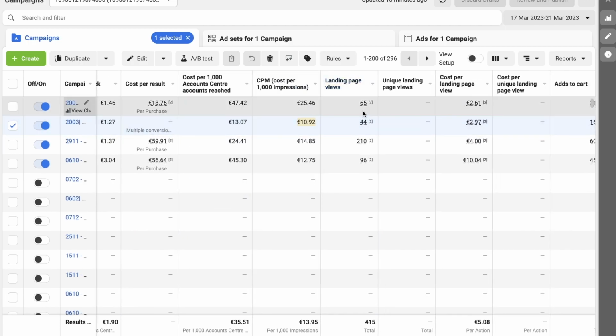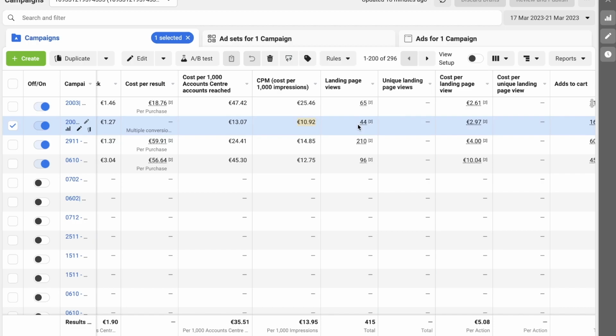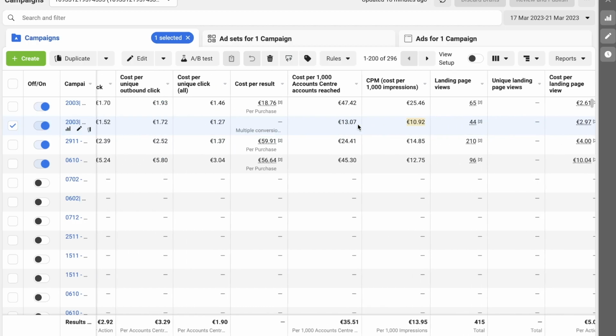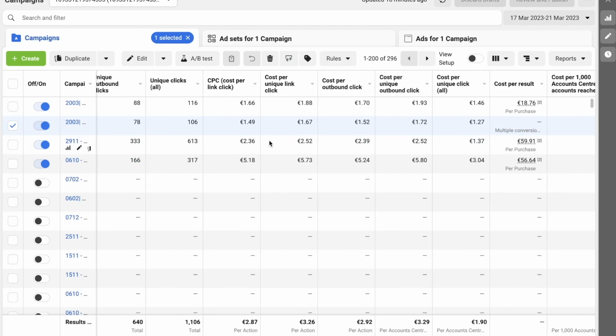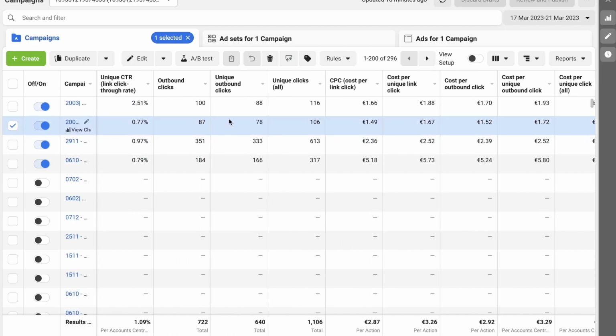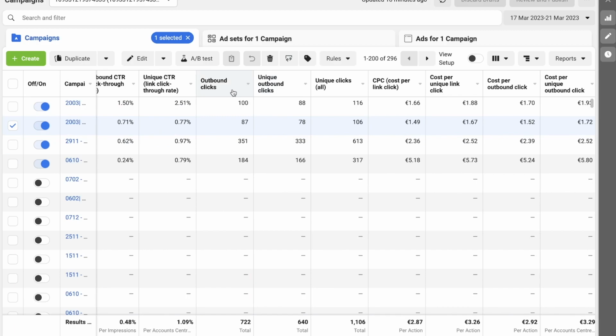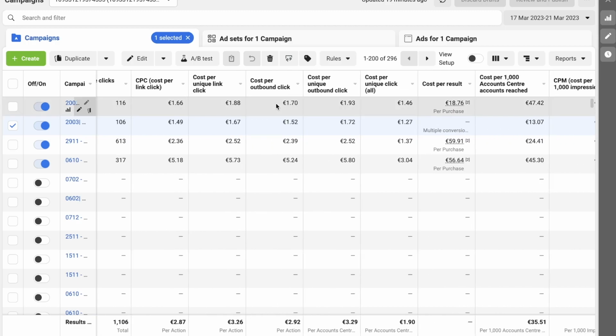Here you can see it tracks landing page views, and I actually have a really important thing to say about the landing page views, because you can have a look at the unique outbound clicks or the outbound clicks. We have 722 here in total, and the first campaign has 100. Now, you have 100 clicks from your ad. These are not engagement clicks, these are really outbound clicks.